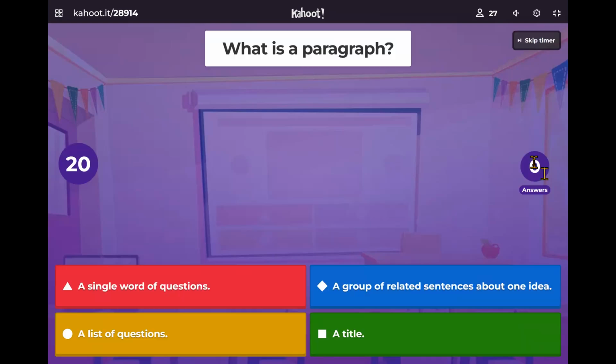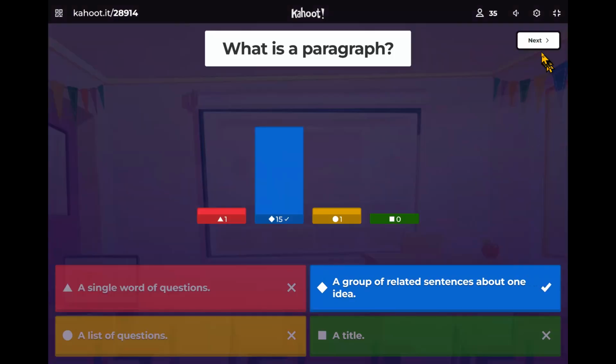What is a paragraph? Very good. Most of you have answered it right.